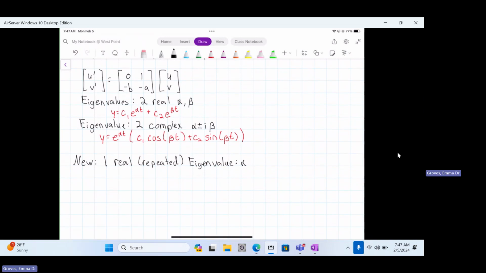And then this one's going to have kind of an interesting form. We're going to talk about why in just a second. But the form is going to be y equals C1 e to the alpha t plus C2 x e to the alpha t. So both of our exponents in the e are going to be alpha, but in our second term, we're adding that x in there.